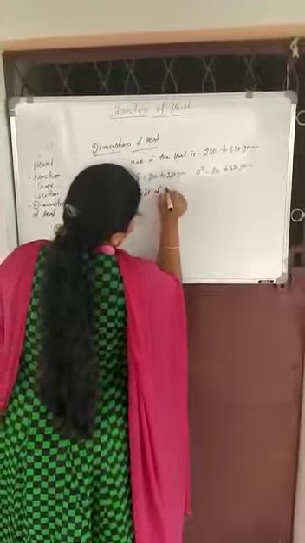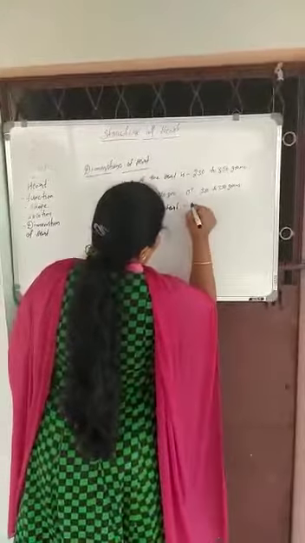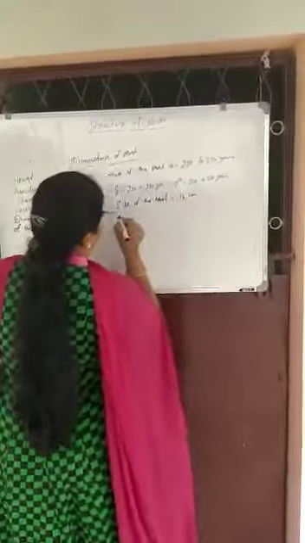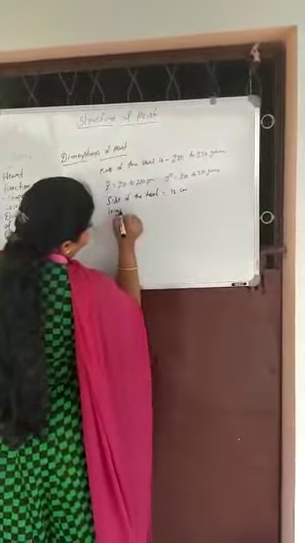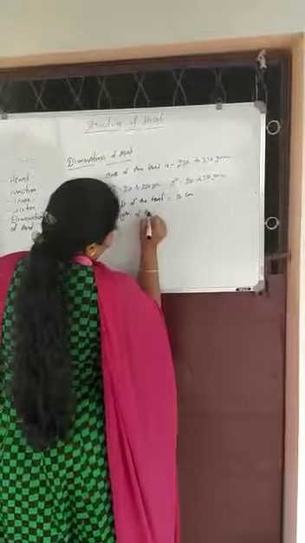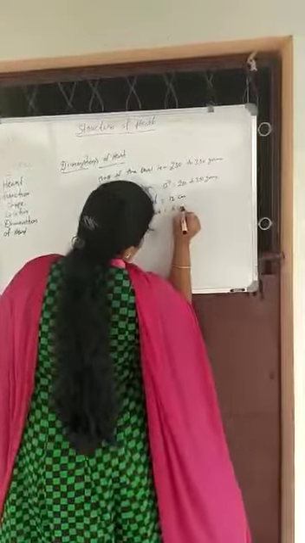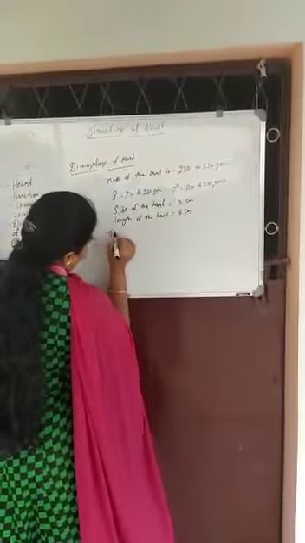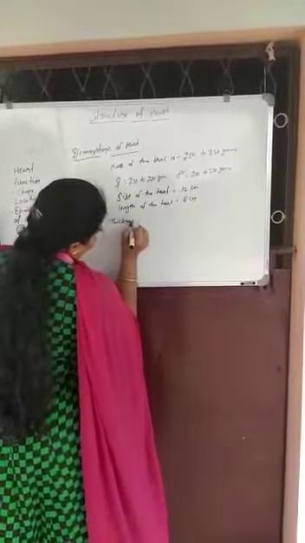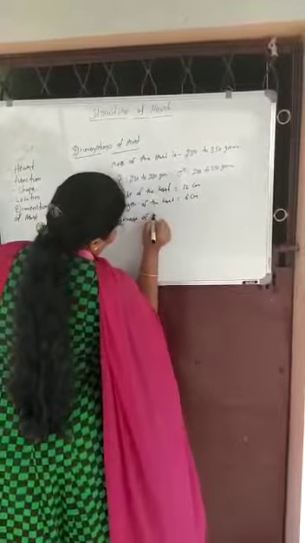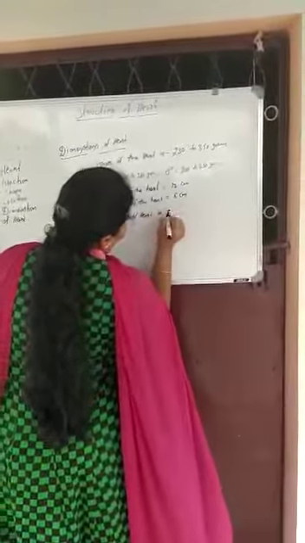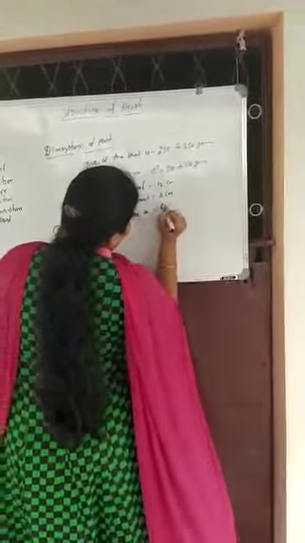The size of the heart is 12 centimeters, the length of the heart is 8 centimeters, and the thickness of the heart is 6 centimeters.